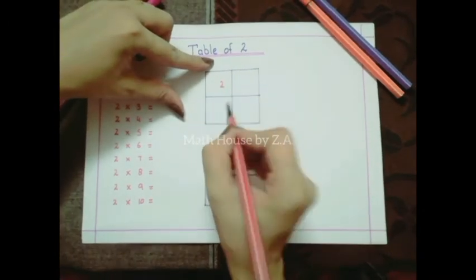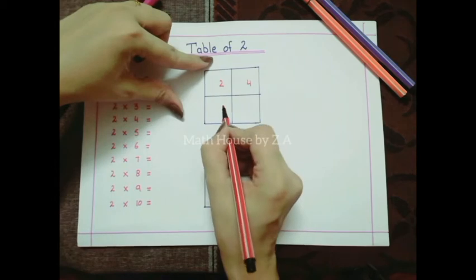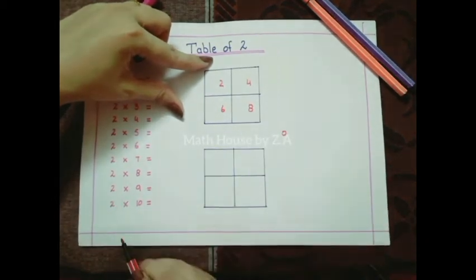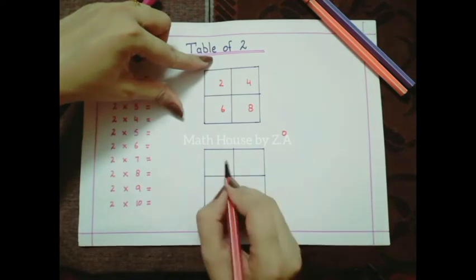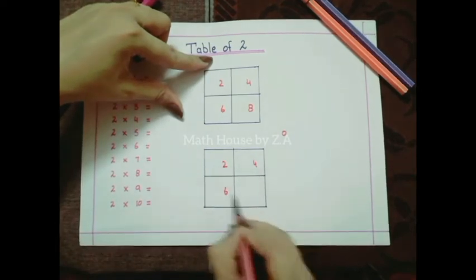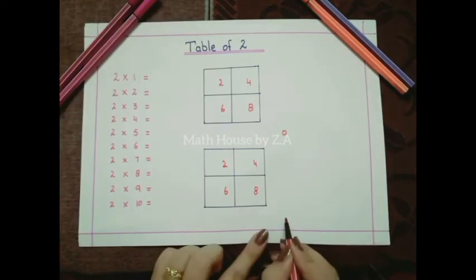Write here 2, then write 4, 6 and 8 in the first box, and then 0. Now write the same numbers in the second box: 2, 4, 6, 8 and 0 here.